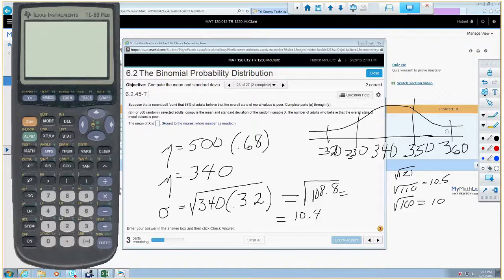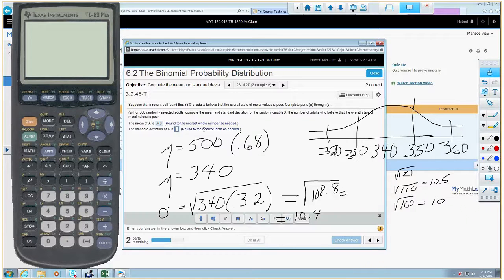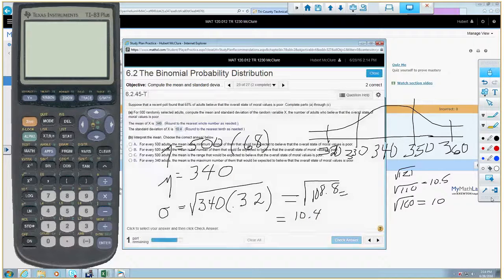Let's go back down here and see what the question is going to ask us. The mean of x is 340. Standard deviation is 10.4. Interpret the mean.